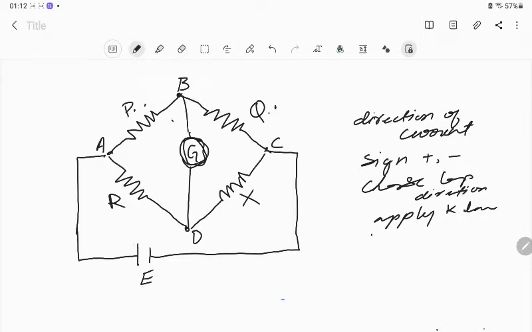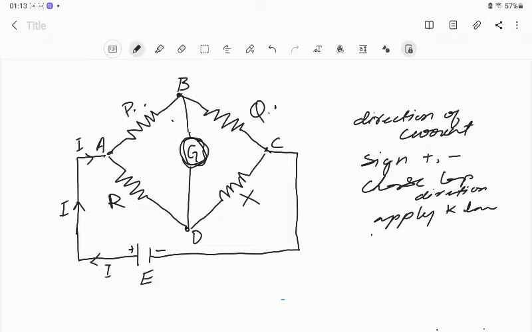Starting from the battery, this side is positive, this side is negative, so current flows from positive to negative. Let's say current I is flowing, so here also I. Now we have two branches, AB and AD. This current I will divide into these two branches.